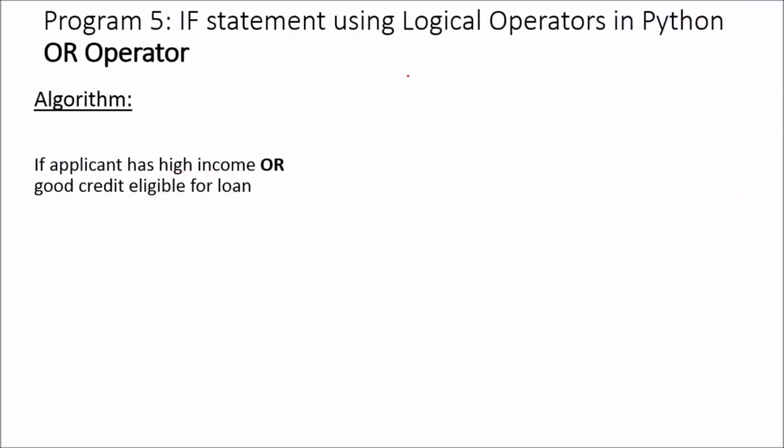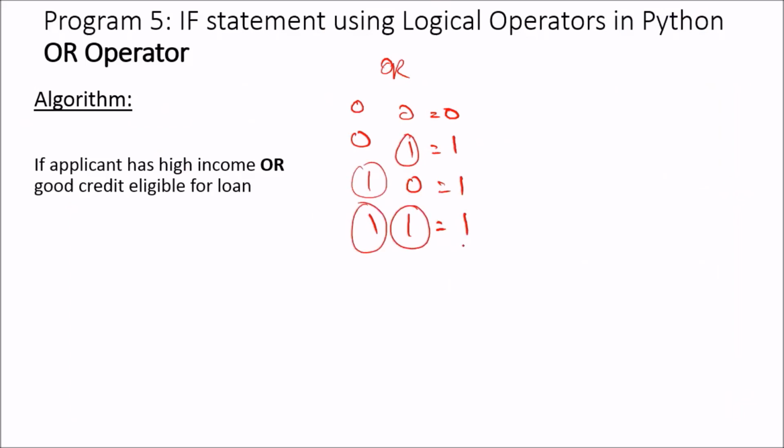What does the second operator do? That's an OR operator. In logic gates, what does OR do? 0 0 is 0, 0 1 is 1, 1 0 is 1, and 1 1 is 1. If either one becomes 1, your output will be 1. Same with the if condition, if you are working with logic operators: if condition 1 is false or condition 2 is false, the output is false.